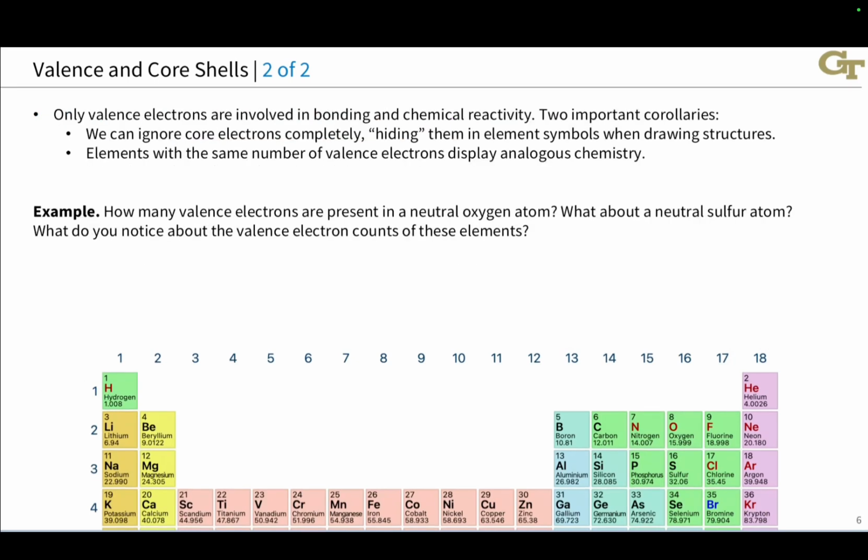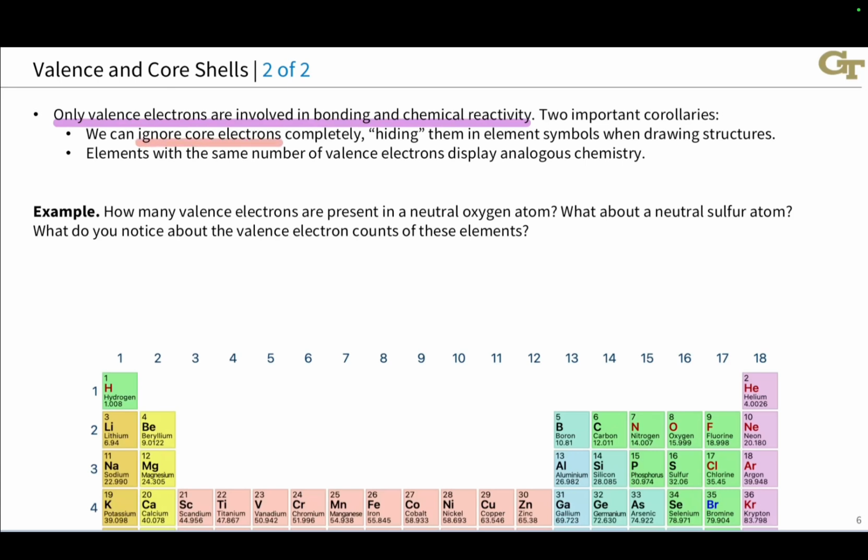I alluded to this earlier, but only the valence electrons really matter when it comes to the chemistry of elements and compounds. Only the valence electrons are involved in bonding and chemical reactivity. And so we can ignore the core electrons completely, and we're going to fold those into element symbols.